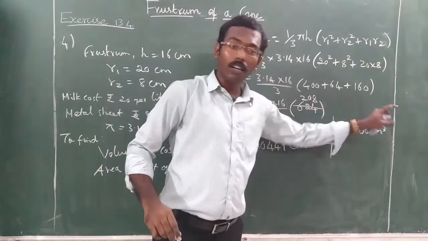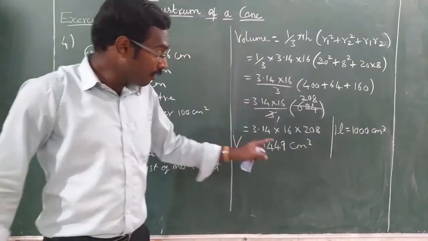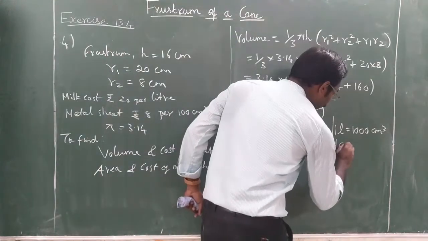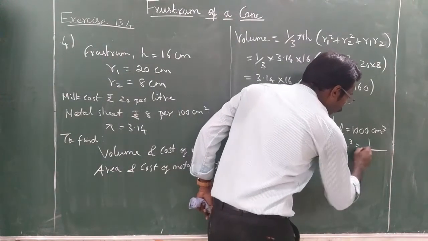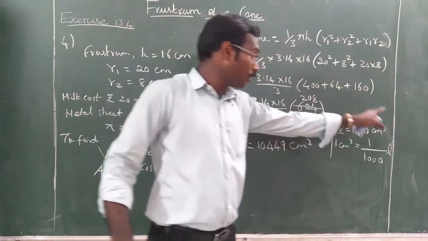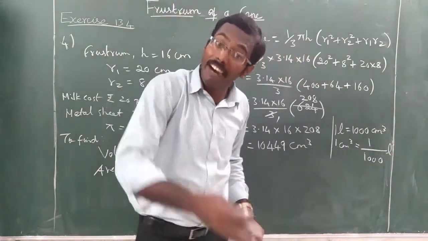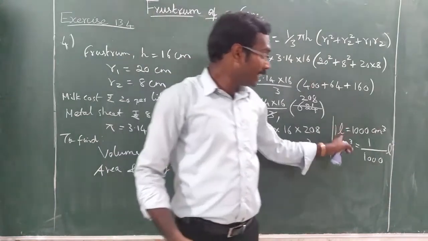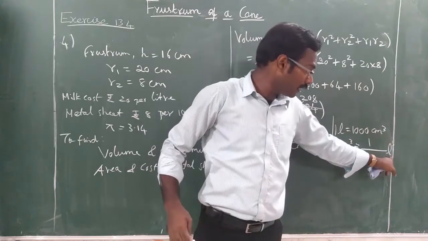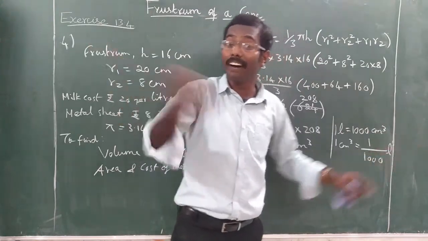Therefore 1 centimeter cube is equal to 1 by 1000 liter. So if you want to convert centimeter cube into liter, you have to divide by 1000. Liter to centimeter cube means multiply by 1000.